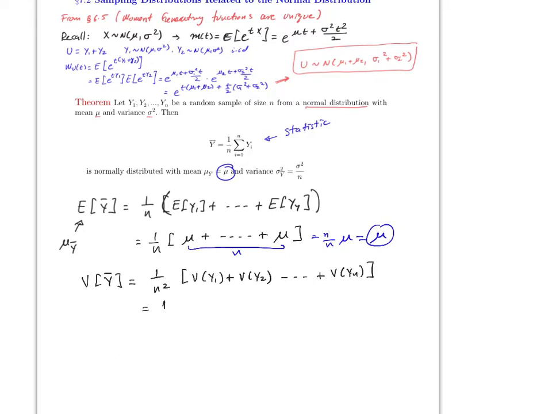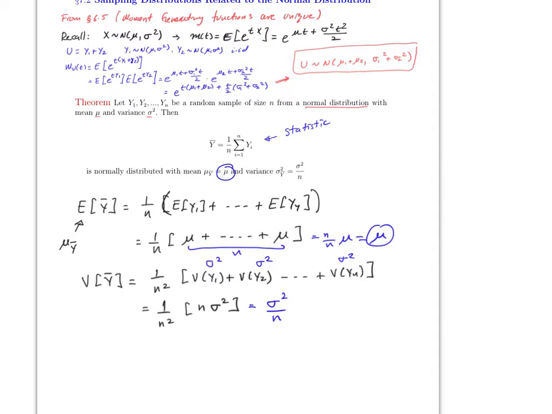So this will be 1 over n squared, and then you're going to have n variances here. Remember, all of these variances are sigma squared, and you have n of them, so this will be sigma squared over n, which shows this.